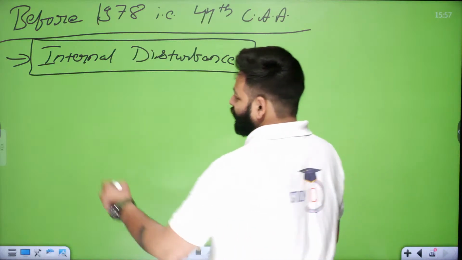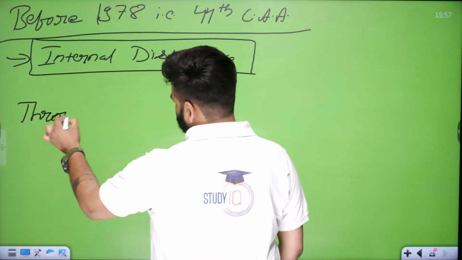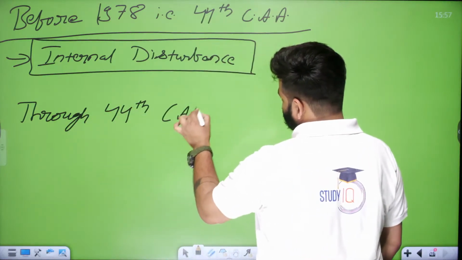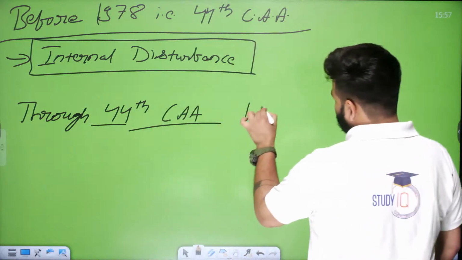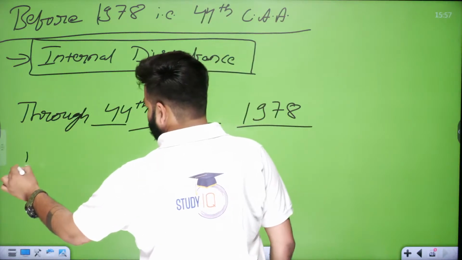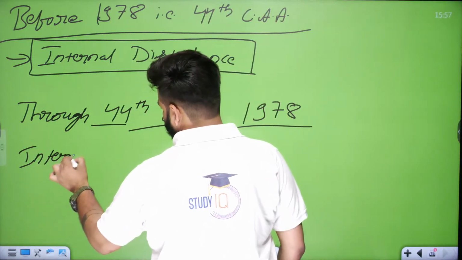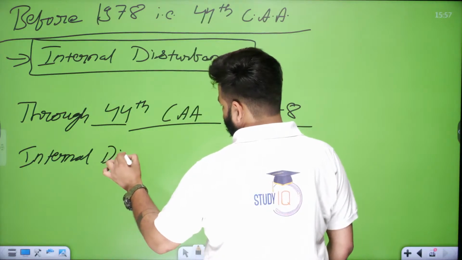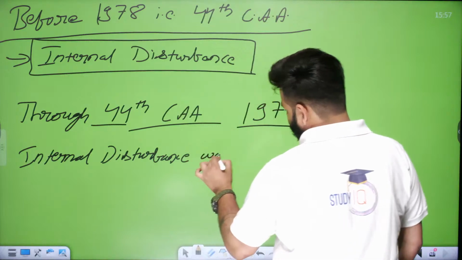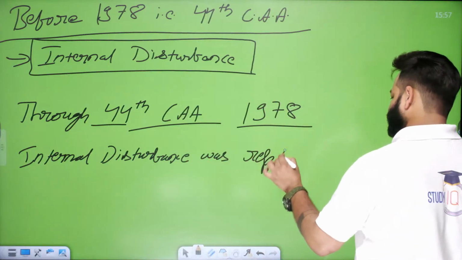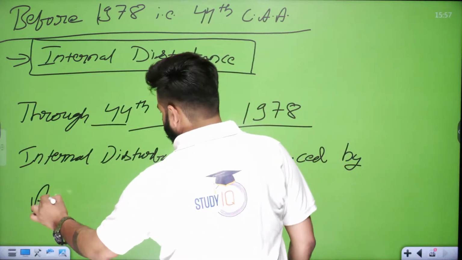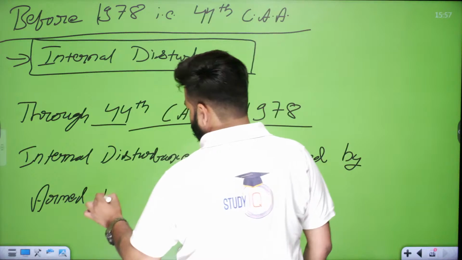Hence, through the 44th Constitutional Amendment Act of 1978, the word internal disturbance was replaced by the phrase armed rebellion. Which one?